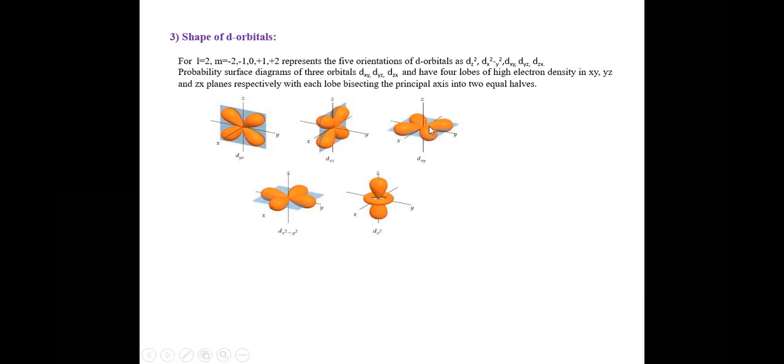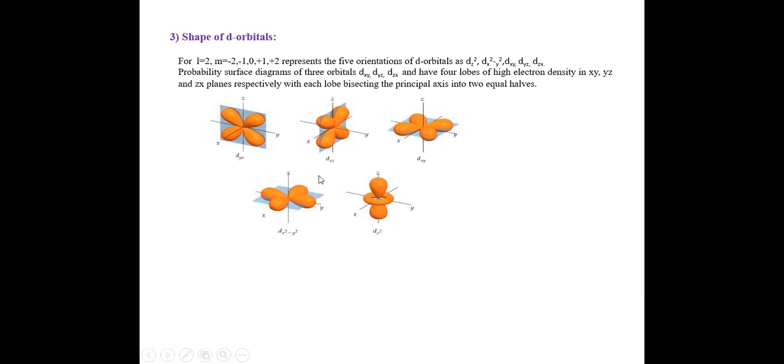This is the lobe, and you can see the plane here, it is bisecting into two equal halves. Similarly for the dyz orbital, the electron density will be high in the yz plane. This is the y axis, this is the z axis.